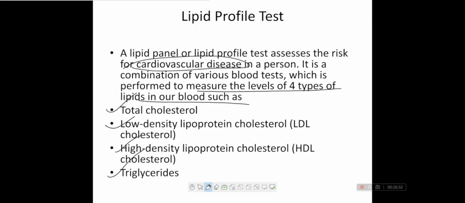These are included in the lipid profile.